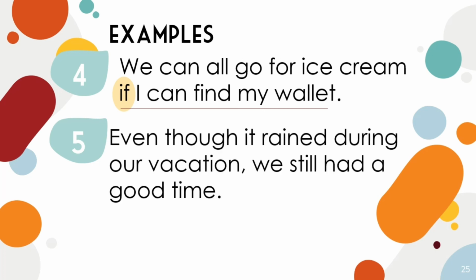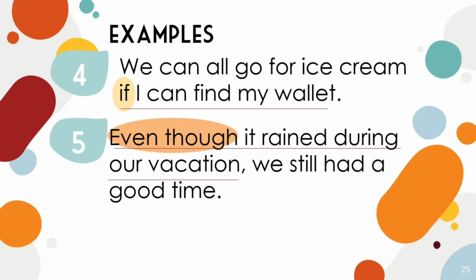For the fifth example: Even though it rained during our vacation, we still had a good time. Now, the subordinate clause here is even though it rained during our vacation. We have the subordinating conjunction even though.